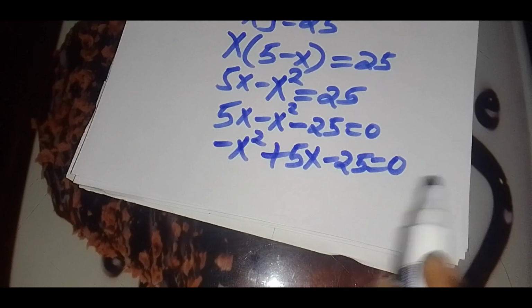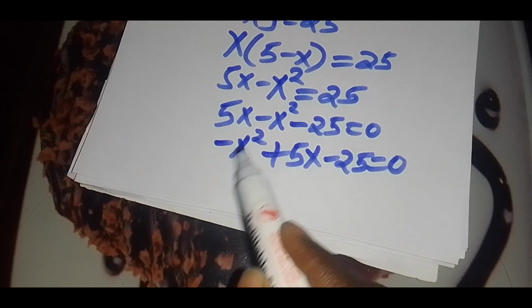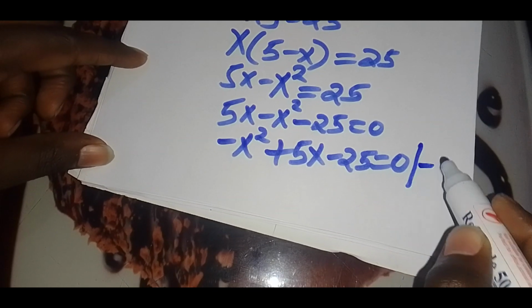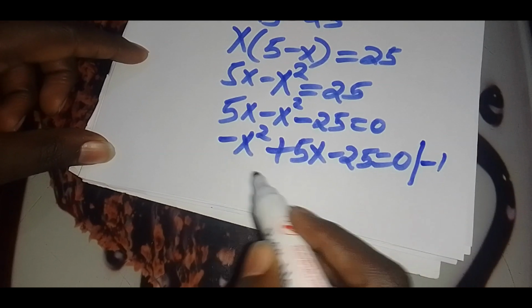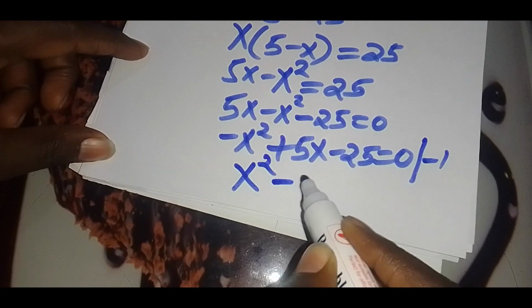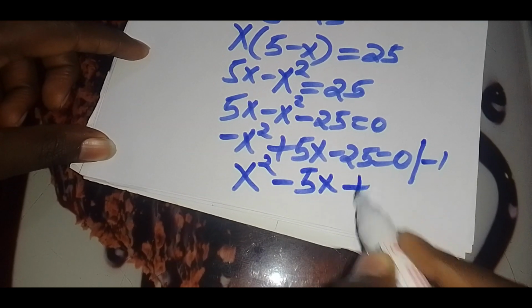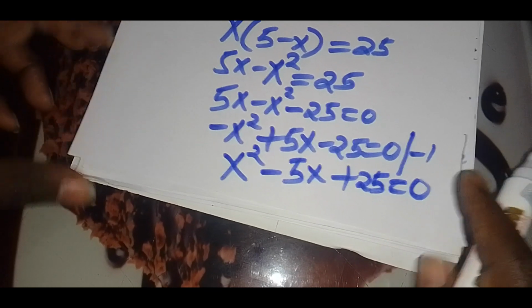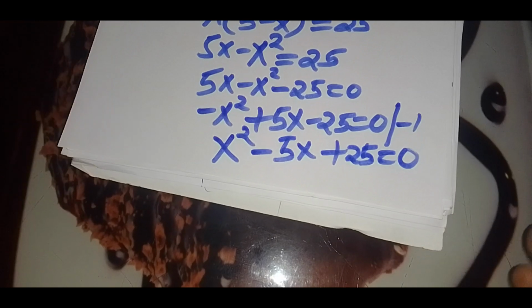As you can see, the leading coefficient of x squared is negative, so we can divide by negative 1, so that we have x squared minus 5x plus 25 equals 0. This is a quadratic equation. Let's solve for the value of x.